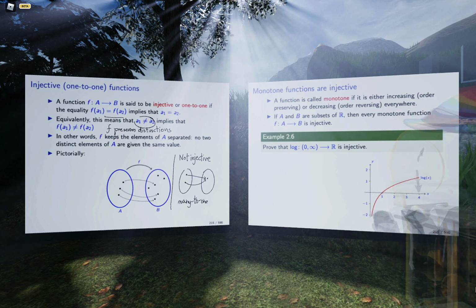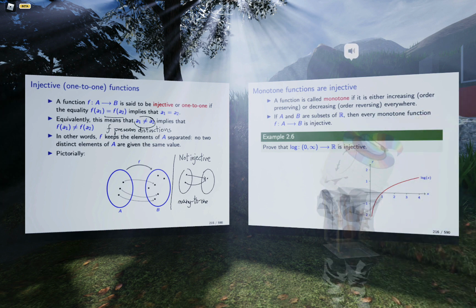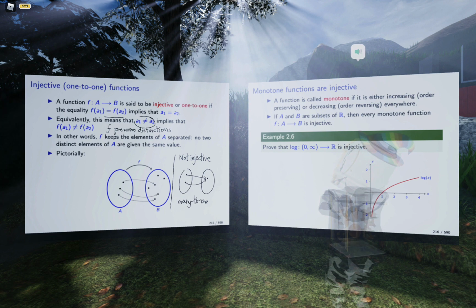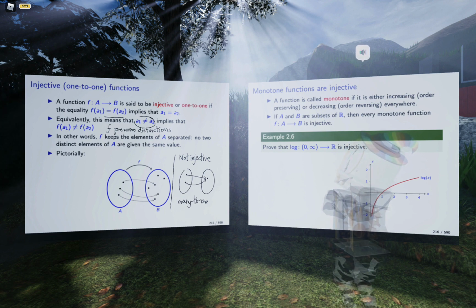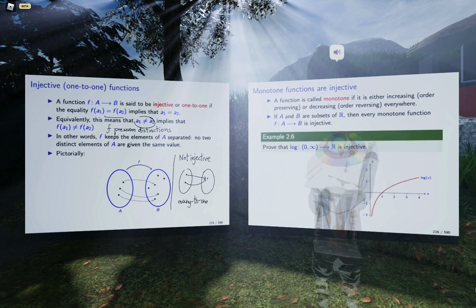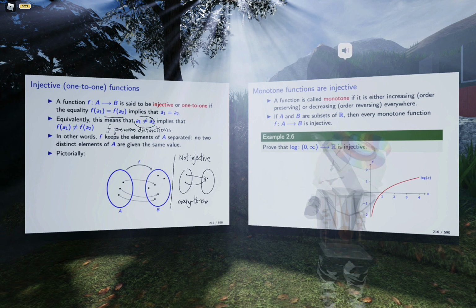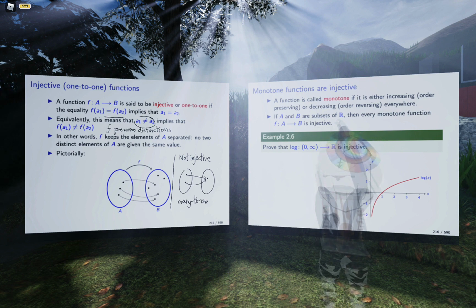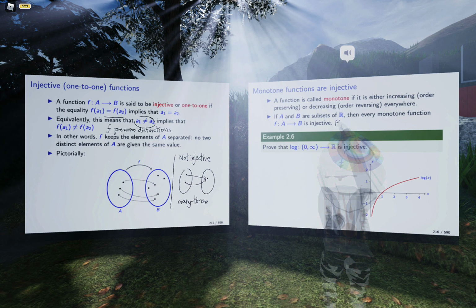Okay. Now, if A and B are subsets of R, then we can use the behavior of the inequalities in R to prove that if a function is monotone, then it's injective. And I'll just quickly sketch the proof here. So proof.